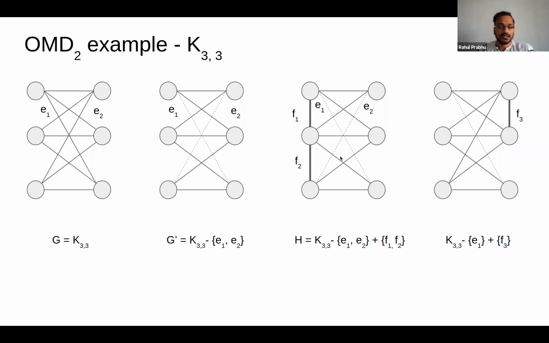optimal modification. So I'll identify 2 edges, E1 and E2, and I'll remove them from the original graph. Once I remove them, this is G dash, which turns out to be a partial 2-tree.